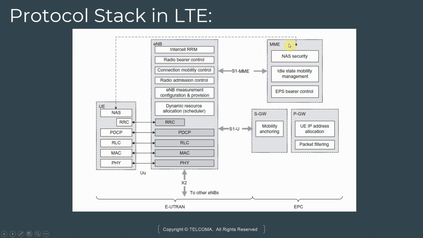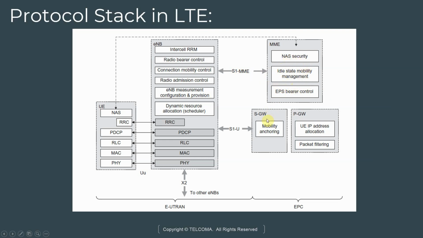Now on the MME side, or the EPC, you have, of course, the NAS connection between the MME and the UE on the NAS layer, and then you have some responsibilities of the MME here. The eNode B and MME communicate by the S1-MME protocol, which we'll look at in a later section.